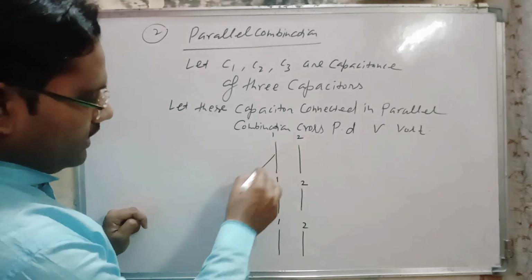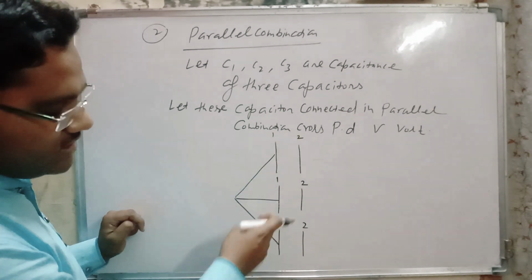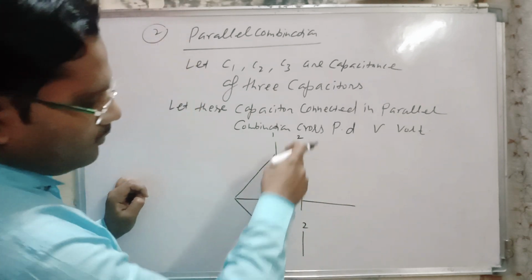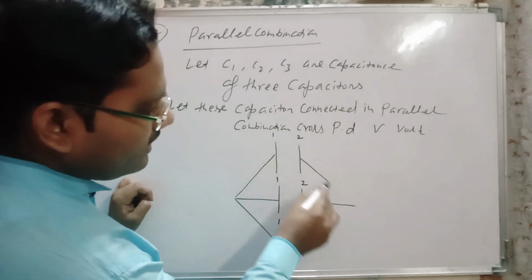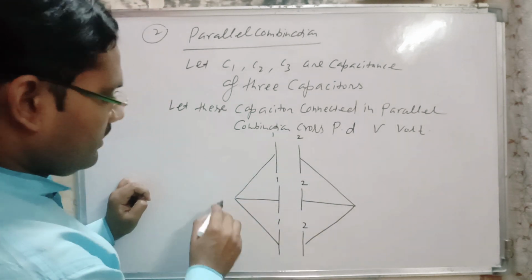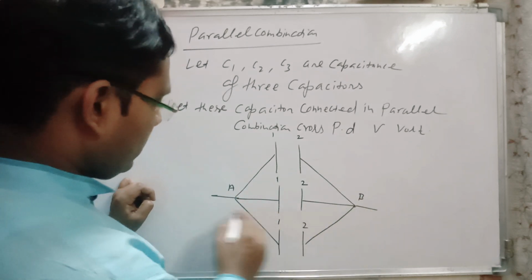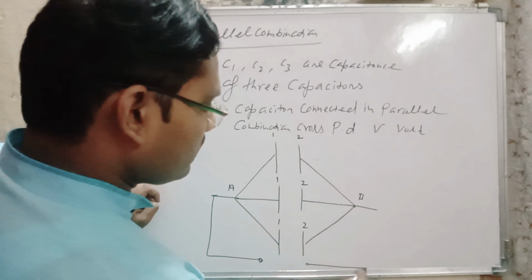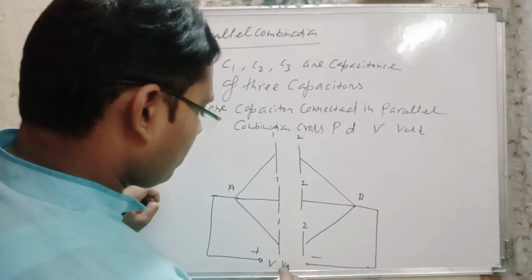Now we connect the first plates of these three capacitors at a single point and the second plates at a single point. This one is point A, this one is point B, and these points are connected across an external source of potential V volt.